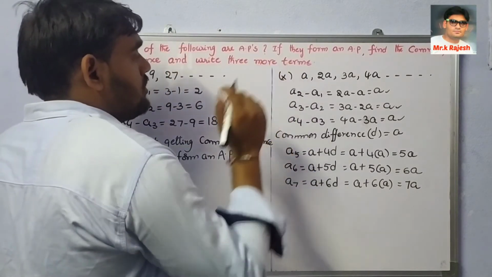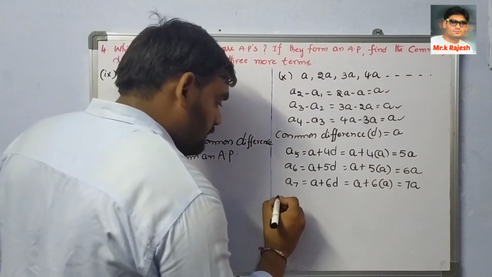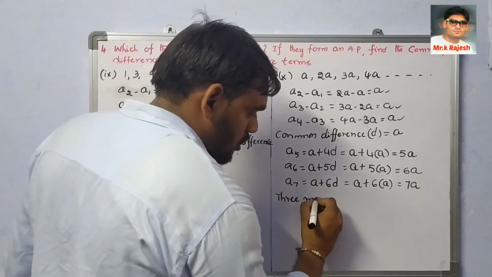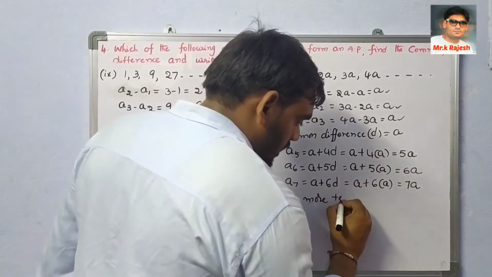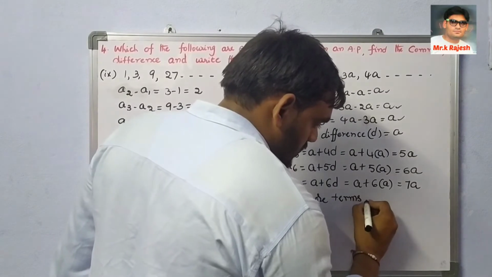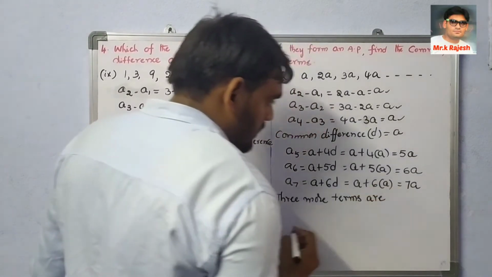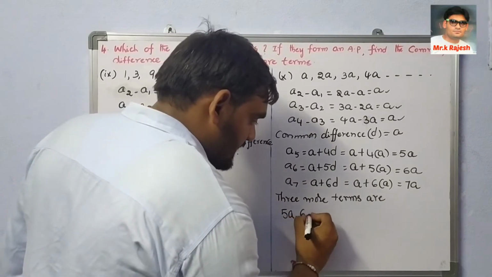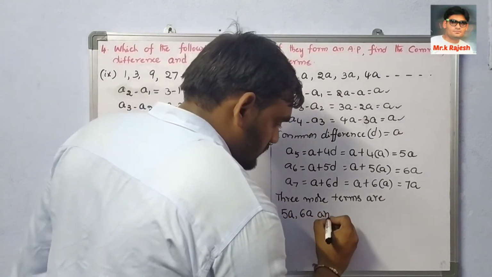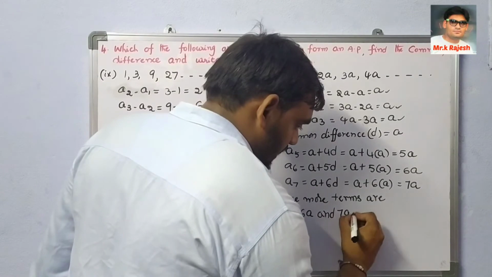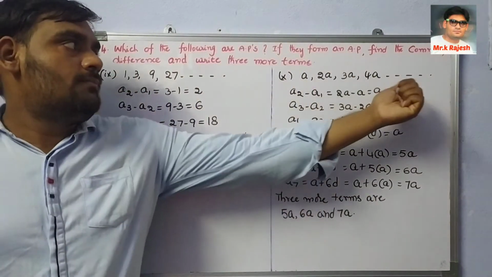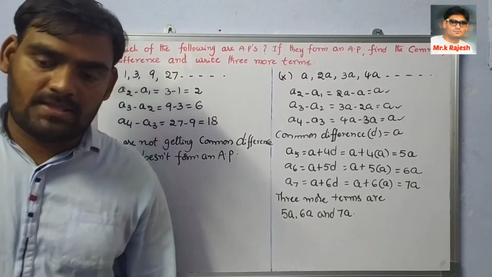Now we need to write the three more terms. So here the three more terms are 5a, 6a and 7a of the given list of numbers.